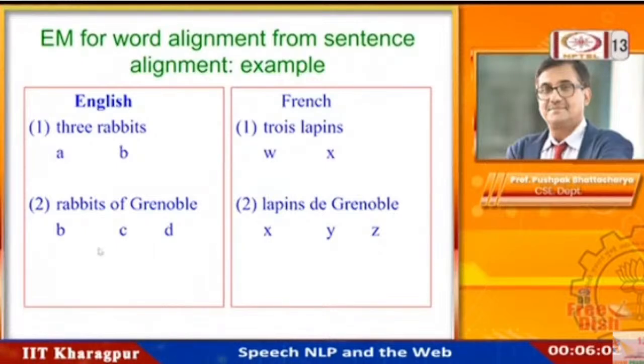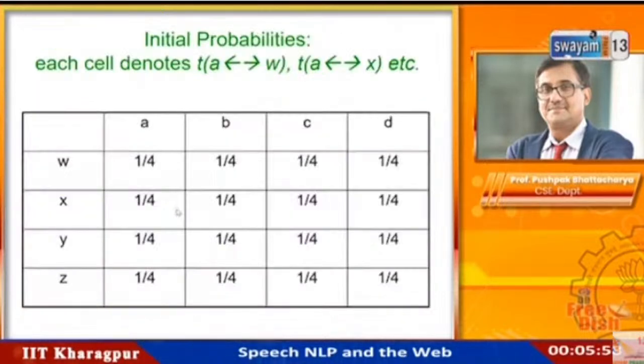And on the English side, you have A, B, C, D. So French word W, which is trois, can correspond to A, which is 3, with probability 1 by 4, and B, C, D with probability 1 by 4. Initially I don't know anything about which word corresponds to which word, so I apply uniform probability. That is the unbiased prior.